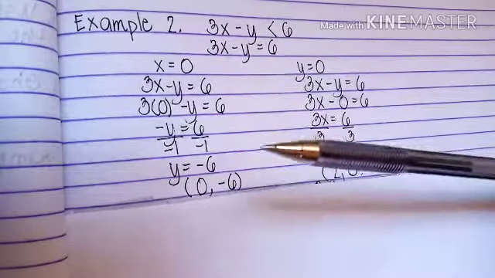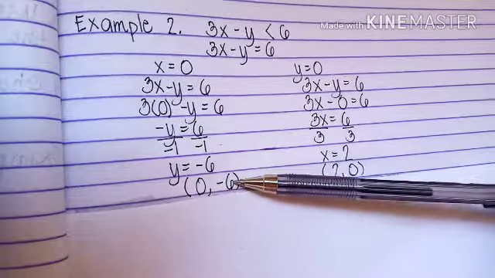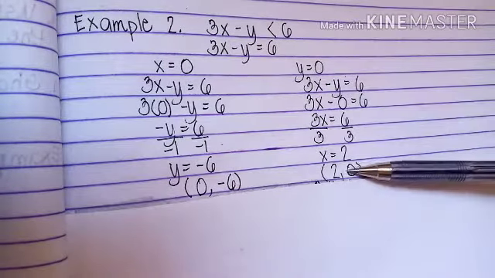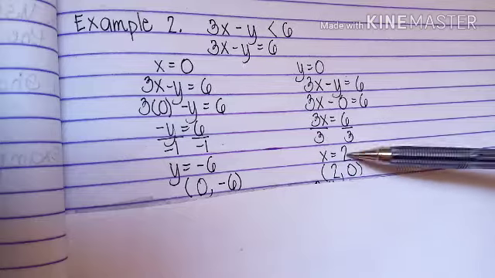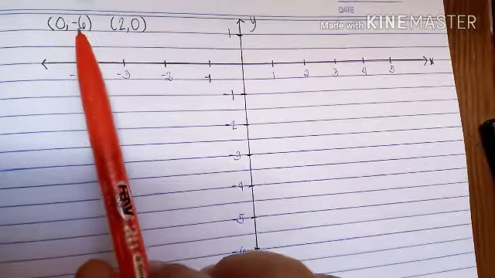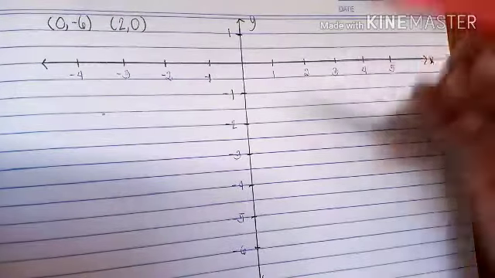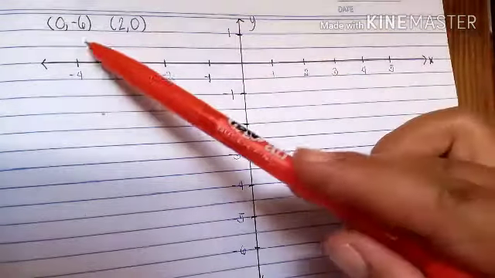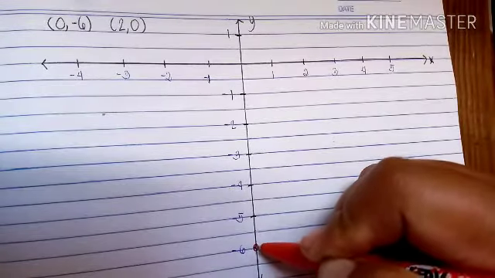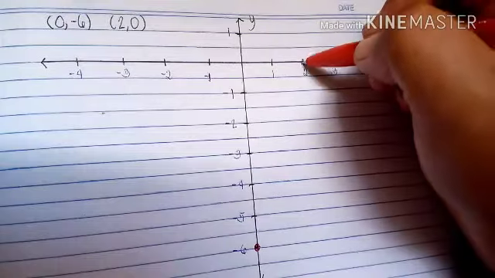So the first point is (0, -6). And when y is equal to 0, the value of x would be 2. Graphing the points (0, -6) and (2, 0), the (0, -6) is here, and the (2, 0) is here.